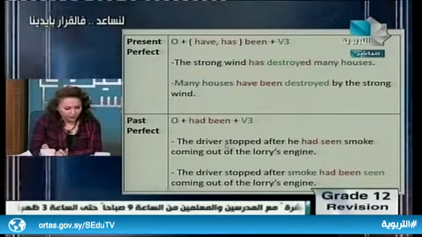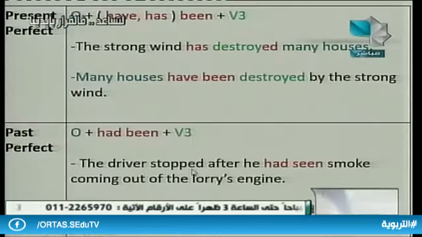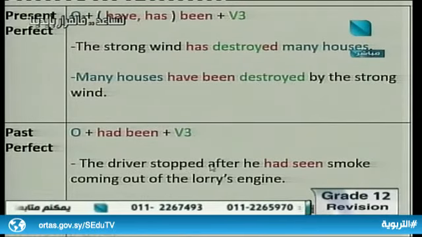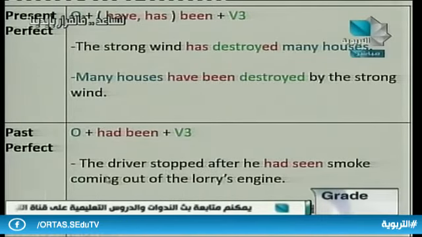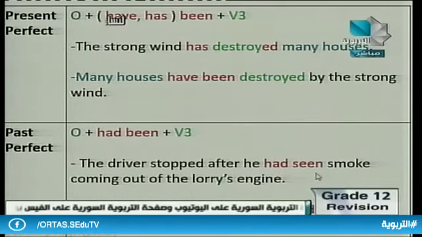Good. Here we will change. The driver stopped. Here it is in the past simple, and it cannot be changed into passive. Why? Because we don't have an object. Exactly. The driver stopped. This is the first clause. After, the second clause now. He had seen smoke. So we put smoke at the beginning of the passive voice sentence.